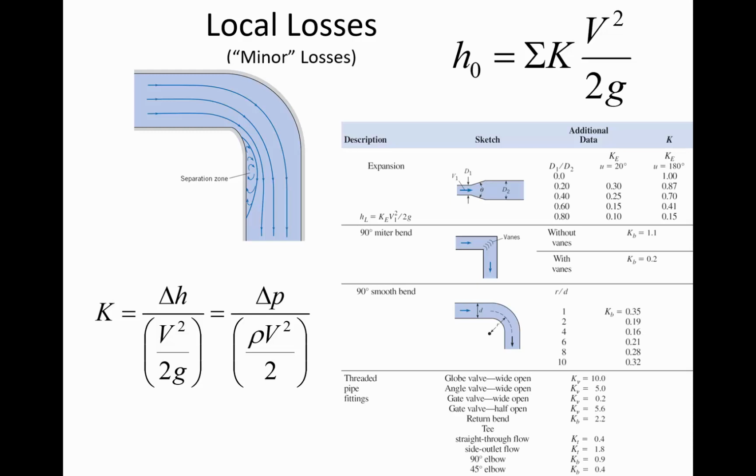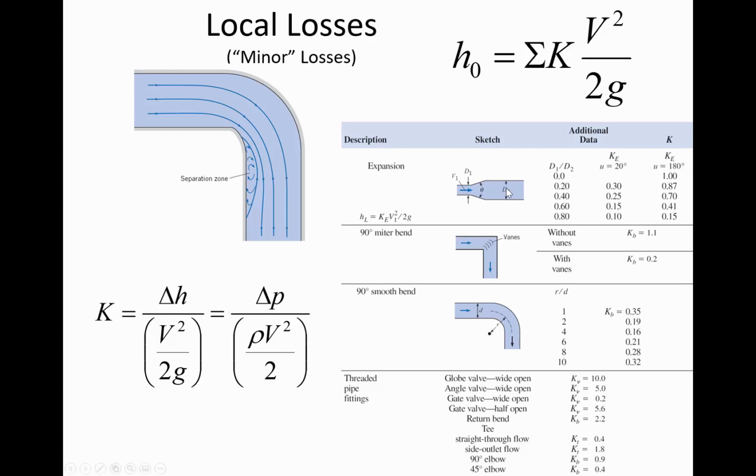And we've already looked at the table that has, for a variety of different pipe diameter changes. And so think about, if you have a small pipe going into a large pipe, the K value depends on how big of a difference in diameter you have between the inlet and the outlet.